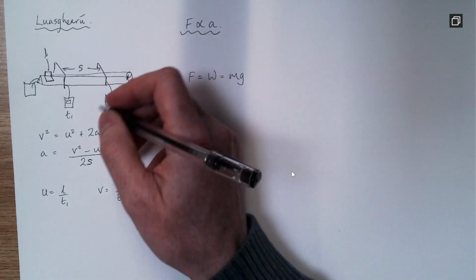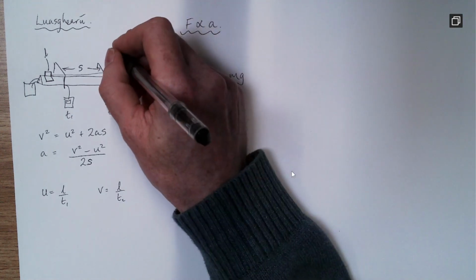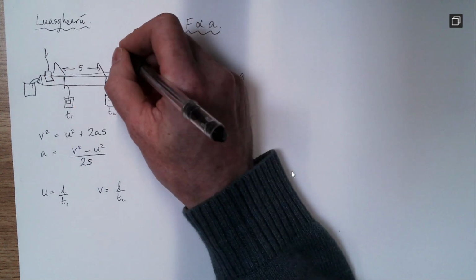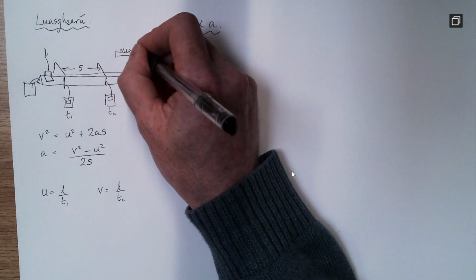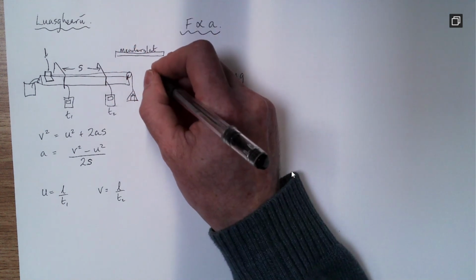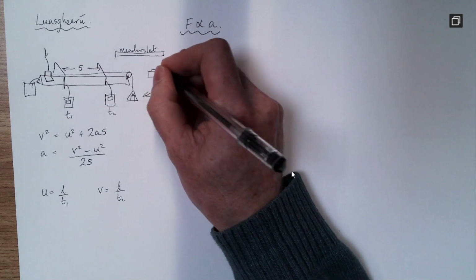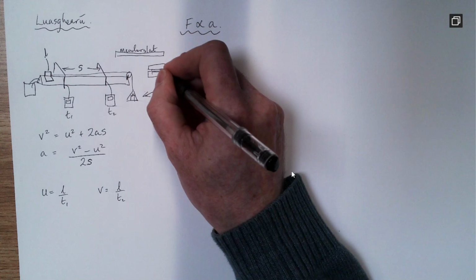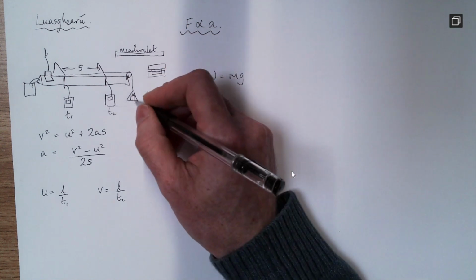Now, we use a meter rule to measure the distance between the photo gates. I guess the weighing scales are used to measure the mass, the weight.